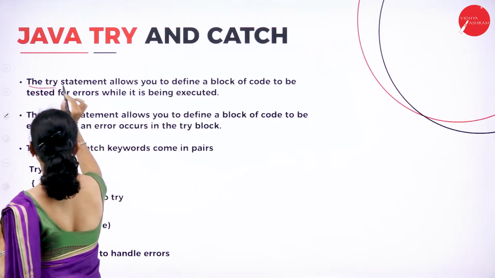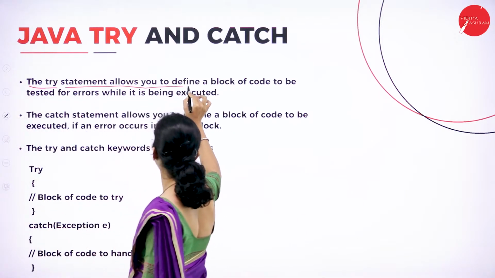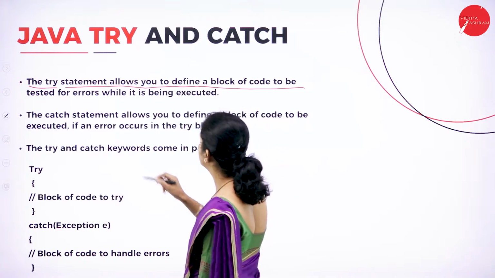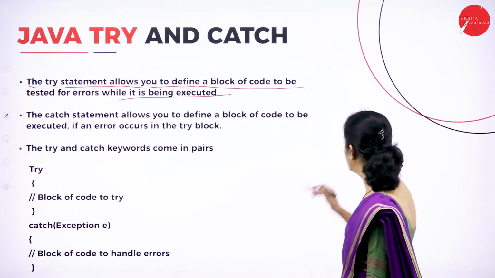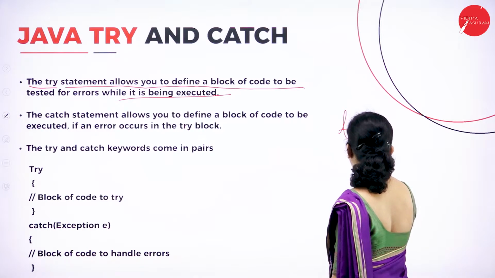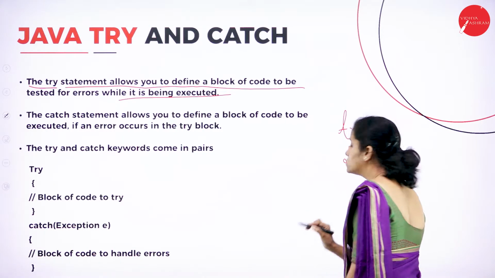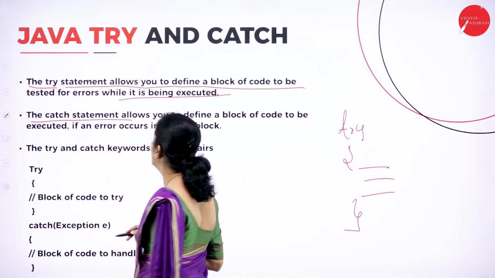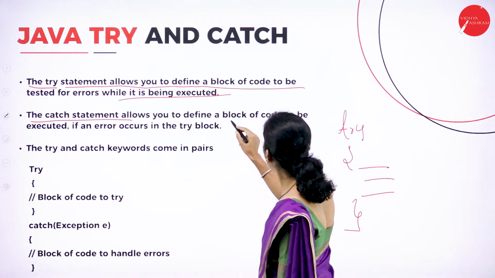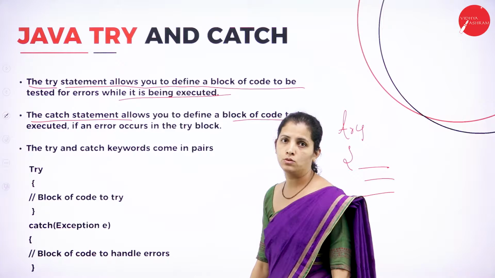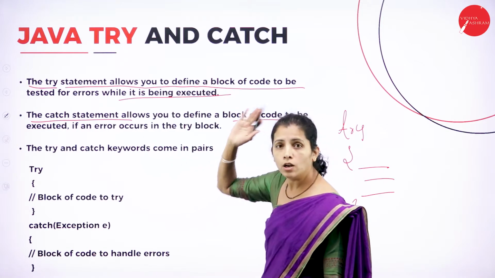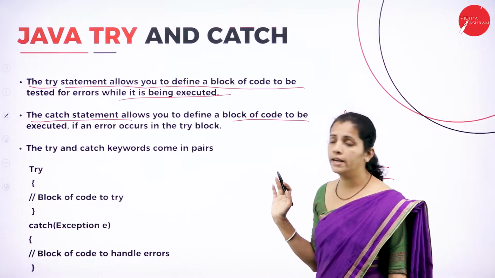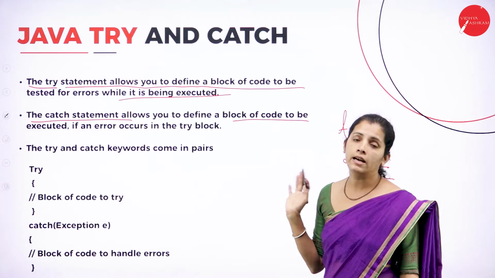Now, the try statement allows you to define a block of code to be tested for errors while it is being executed. So, in my try block, I write the code which I want to execute. The catch statement allows you to define a block of code to be executed if an error occurs in the try block.